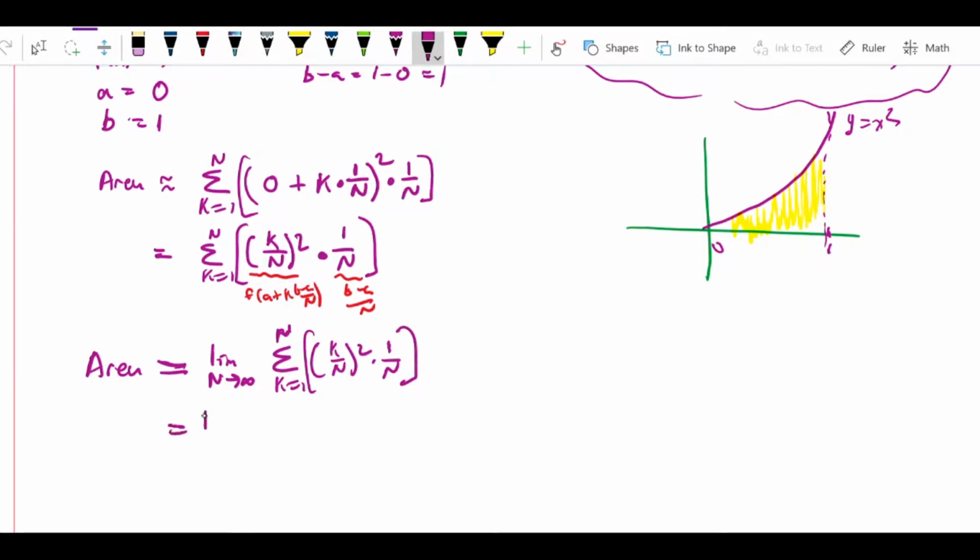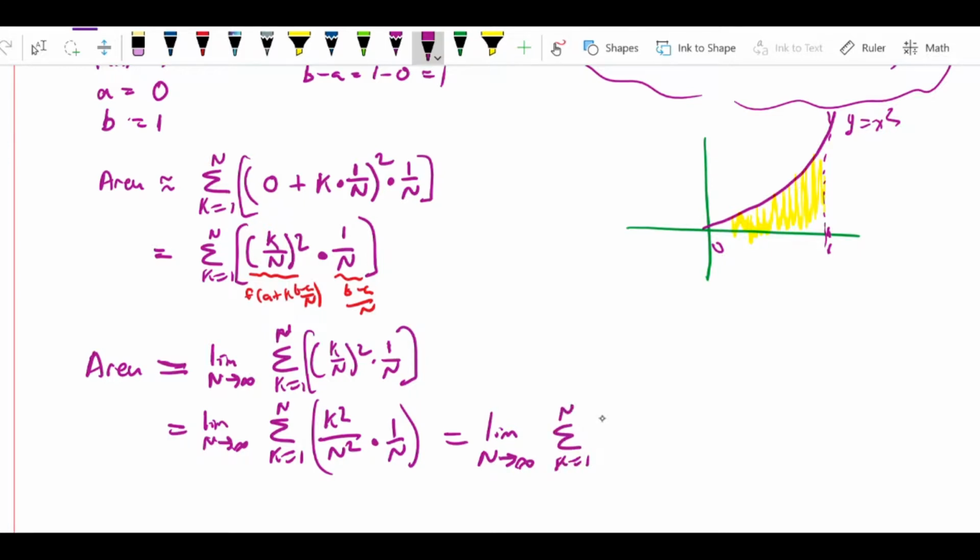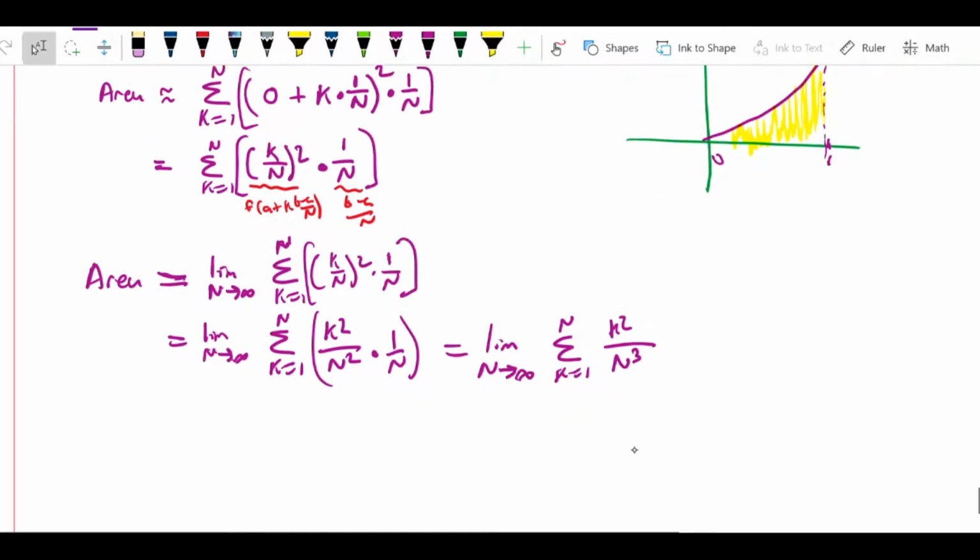Now, I'm going to do some simplifications here. This is going to be the sum from k equals 1 to n of k squared over n squared times 1 over n, because now I can simplify this as the sum from k equals 1 to n of k squared over n cubed. So let us pull out the 1 over n cubed.